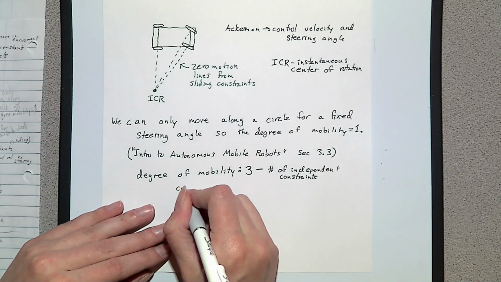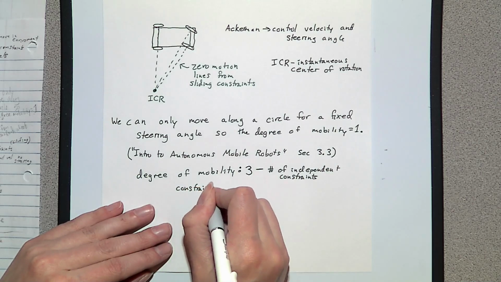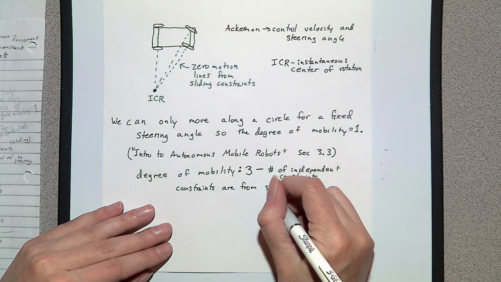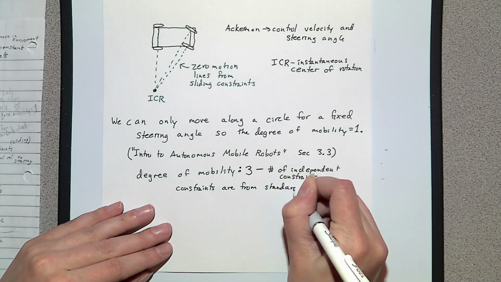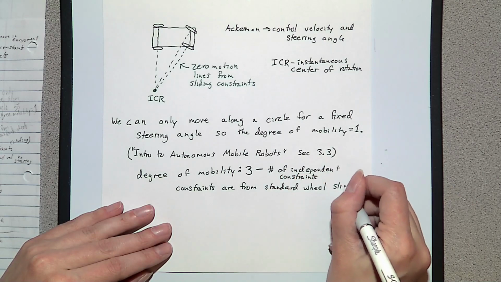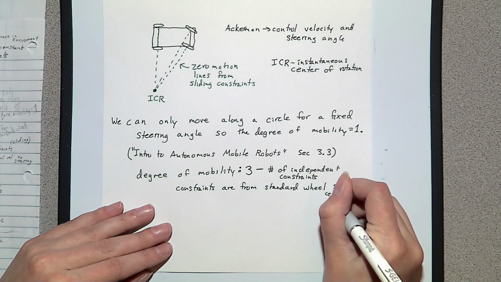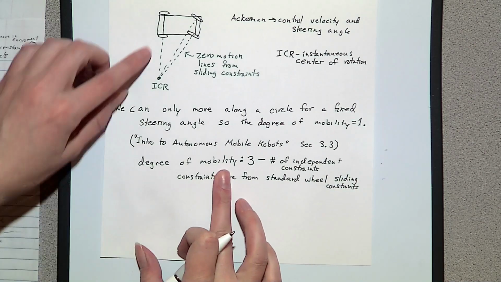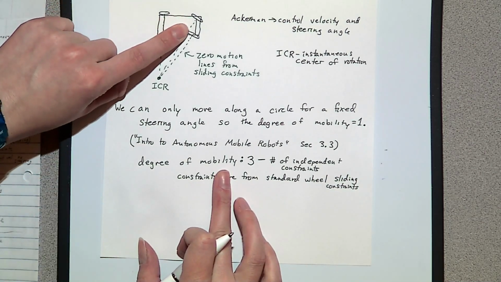And these constraints are from standard wheel sliding constraints. So our degree of mobility does not take into account the fact that we can steer these wheels.